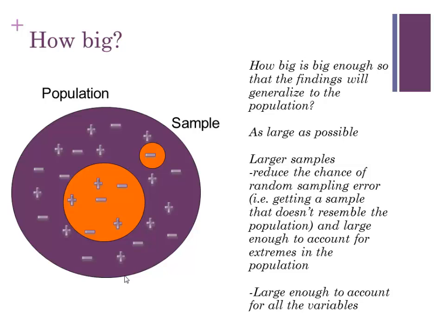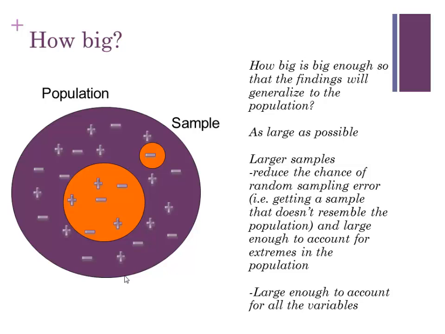And generally the answer is as large as possible. The larger the sample, the more generalizable our results will be. Larger samples reduce the chance of random sampling error, or in other words, getting a sample that doesn't resemble the population, and large enough to account for extremes in the population, large enough to account for all of the variables that we are interested in looking at in the population.